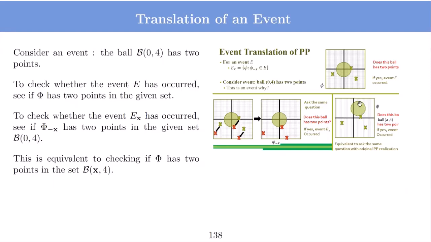Instead, here I'm looking at whether this ball at X with radius 4 has 2 points or not. How this will change depends on the exact property. This exercise you have to do geometrically.